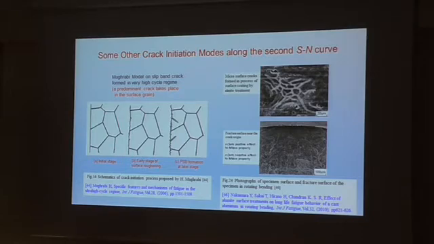And maybe you know, this is the Murakami model of slip band crack formed in the very high cycle regime. Predominant cracks take place in the surface grain during the long sequence of cyclic loading. Let me skip this one.